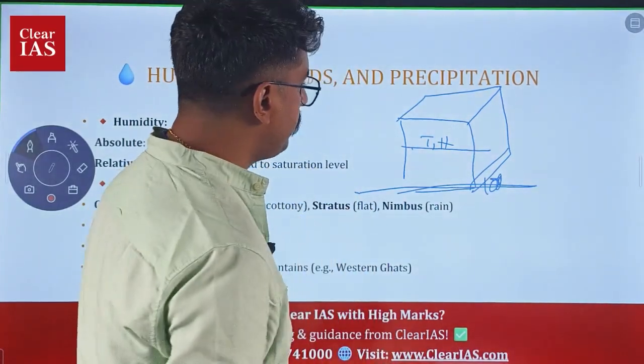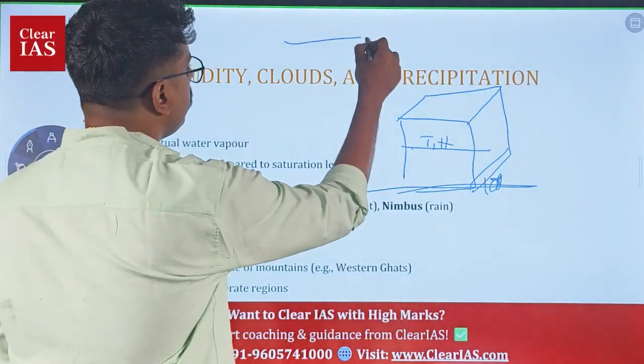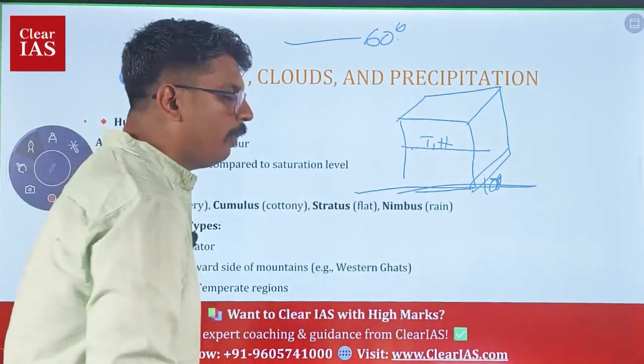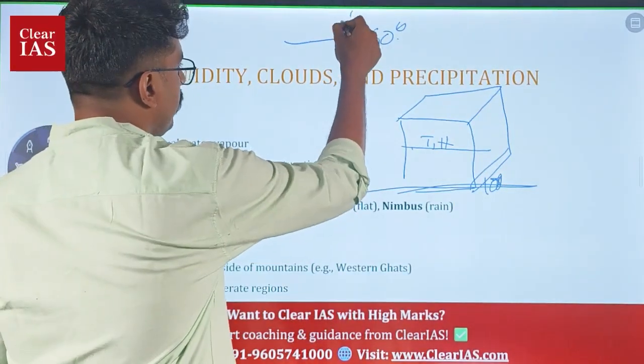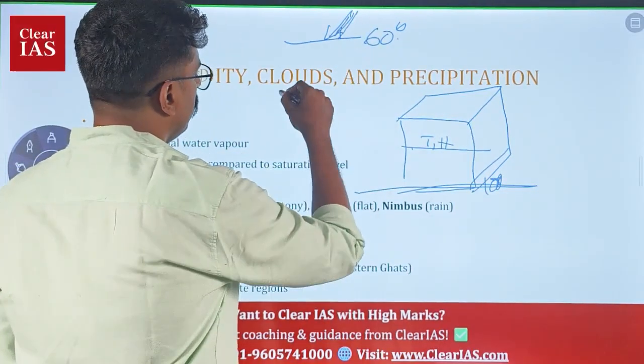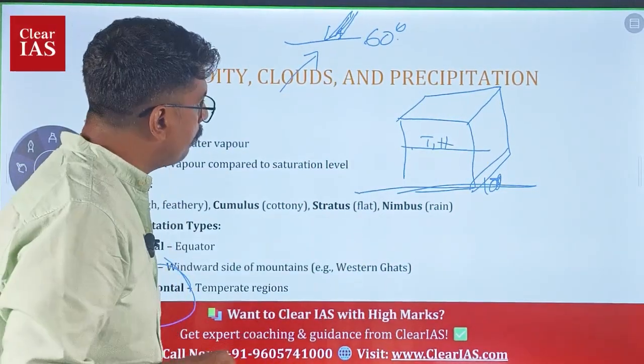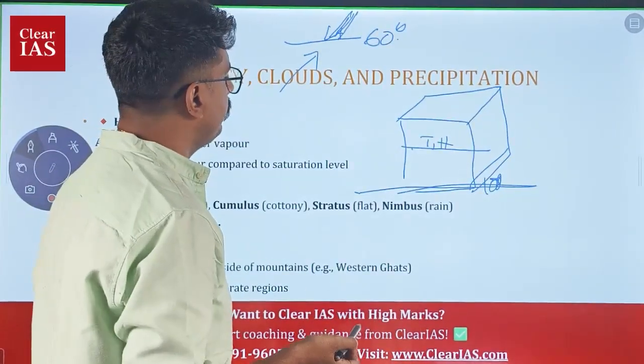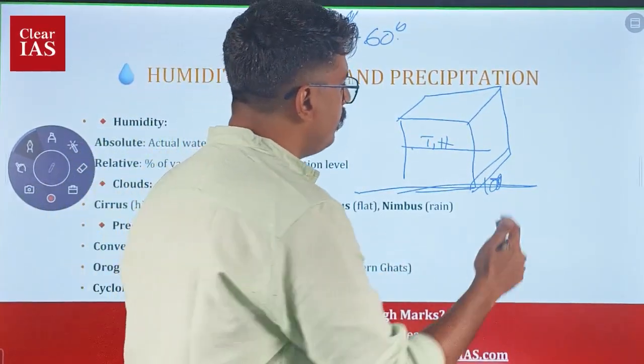Frontal precipitation happens around 60-degree latitudes. Around 60-degree latitude, the cold air mass coming from the top and the warm air mass coming from the bottom, or the lower latitudes, come and meet.